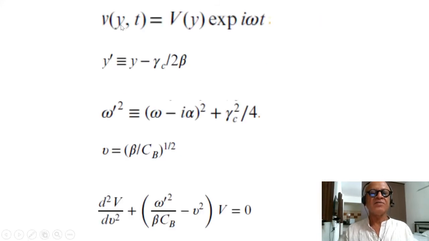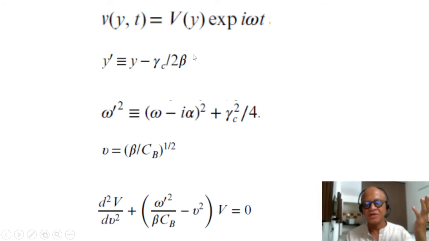Write v of y,t as a meridional function times exponential i omega t. So you're going to look for imaginary frequencies. So y prime is written as y minus gamma c over 2b, and omega prime squared is omega minus i alpha plus gamma c squared. We have obviously skipped all the steps and directly jumped to solutions.